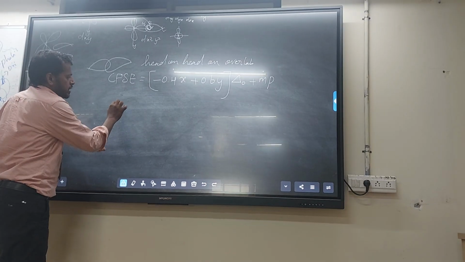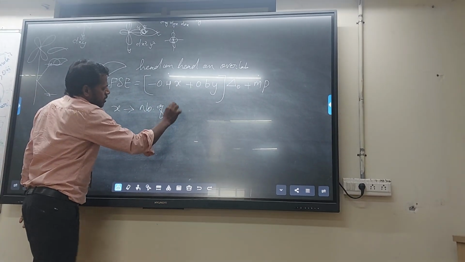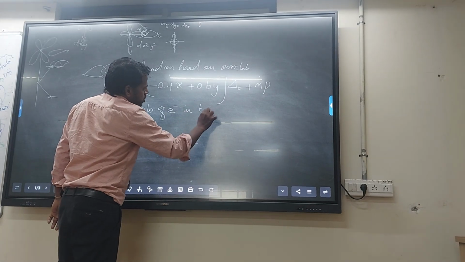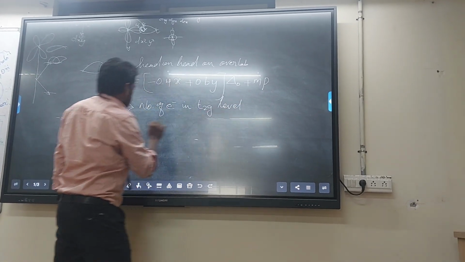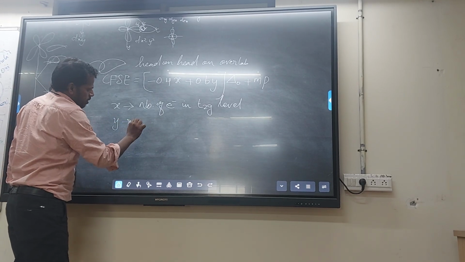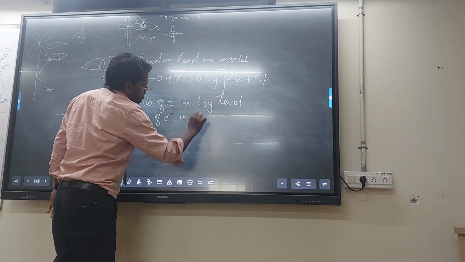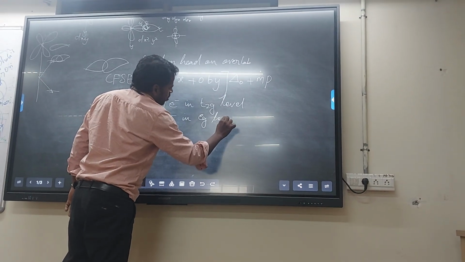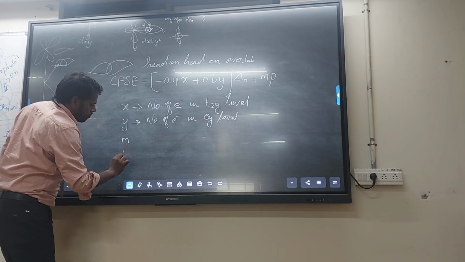So here x is the number of electrons in T2G level, and y is the number of electrons in EG level. Okay, EG level. M is the, and what is P?